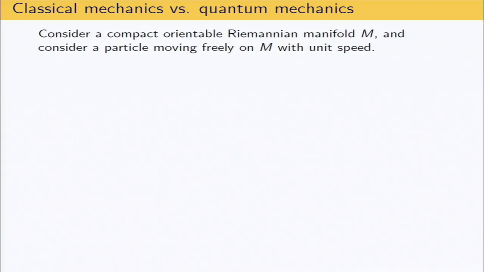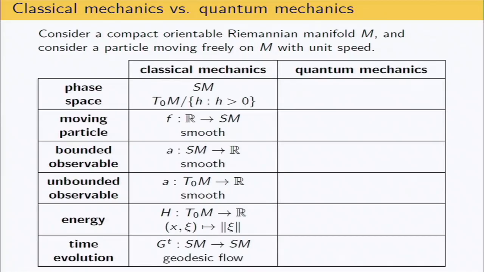And first, in classical physics, we think of the particle as being a point on the manifold moving around. So the formal description of this system in classical mechanics is as follows. The phase space for the system is the unit tangent bundle of the manifold, denoted by SM here, also called the sphere bundle.